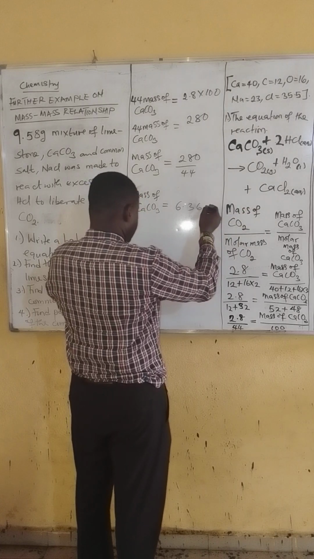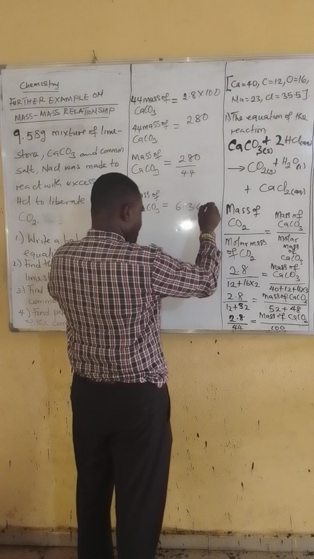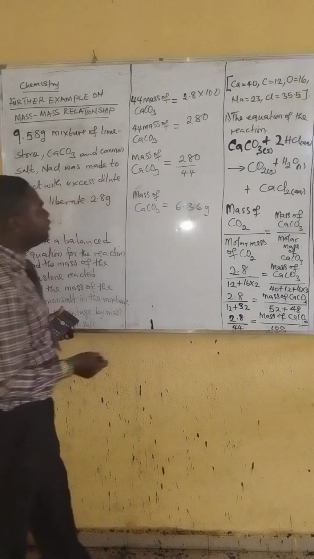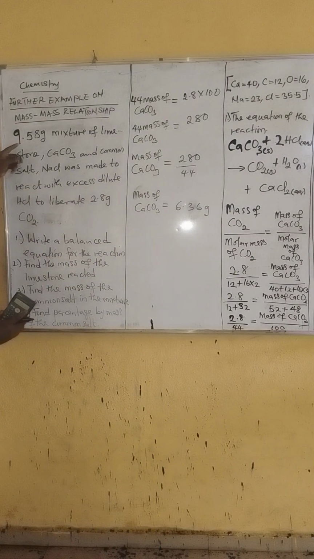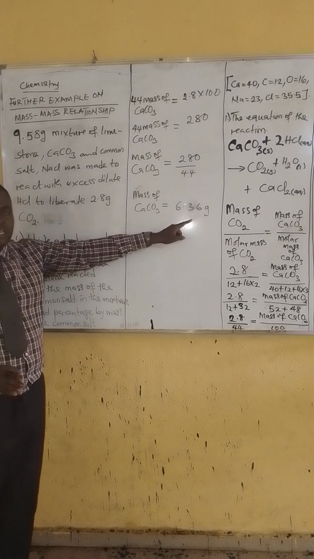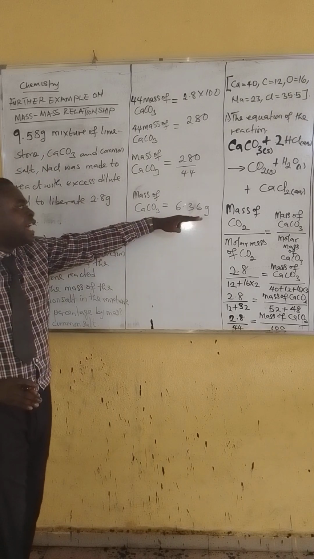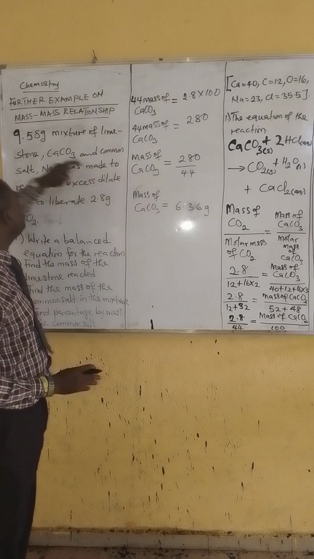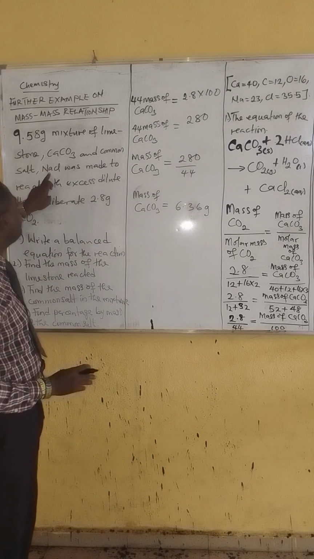So you can leave it gram. Let's leave it like that. So that is out of the 9.58 of that mixture, calcium carbonate is only 6.36. The remaining fraction that is needed to be added to this one to make it 9.58 is the mass of the common salt.